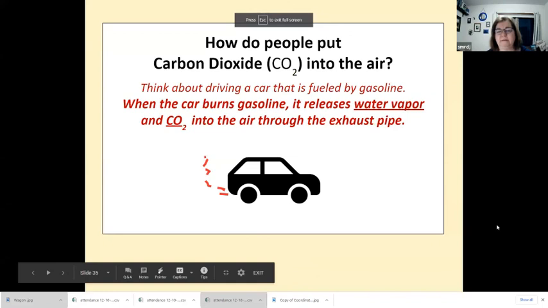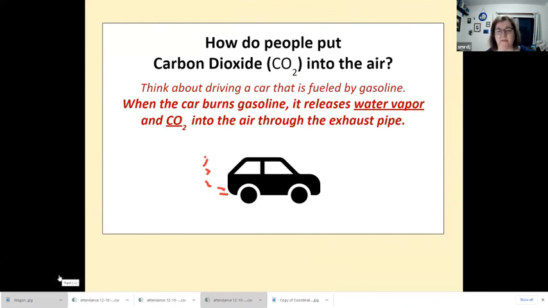So our focus is going to be looking at the carbon dioxide that we use. Probably the largest thing that the students are going to understand and be able to be physically connected with is our automobiles, which we know release water vapor, but also carbon dioxide.